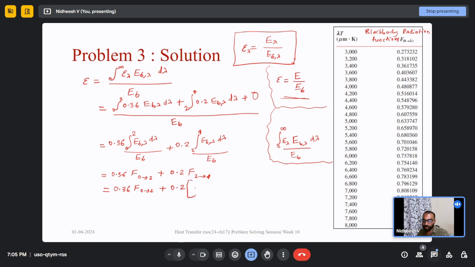We can rewrite that quantity as difference between blackbody radiation function from 0 to 4 minus blackbody radiation function from 0 to 2. The quantity between the square brackets is same as F24. Let me know if that part is clear.